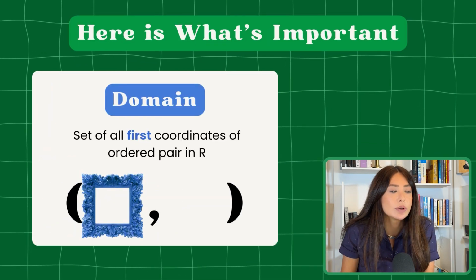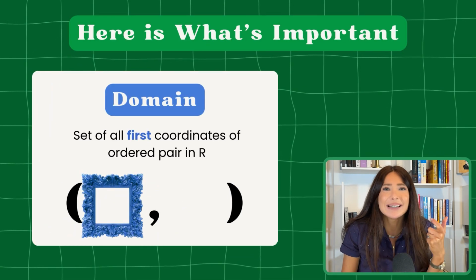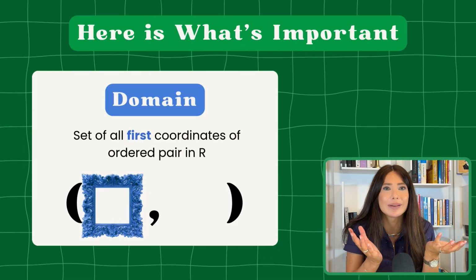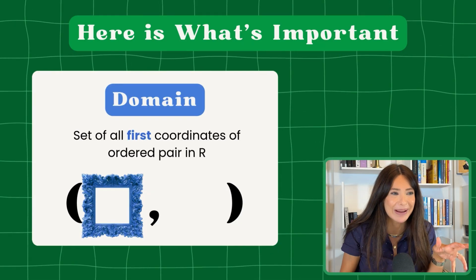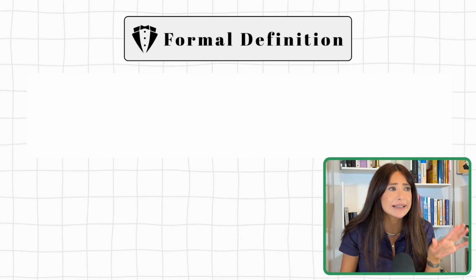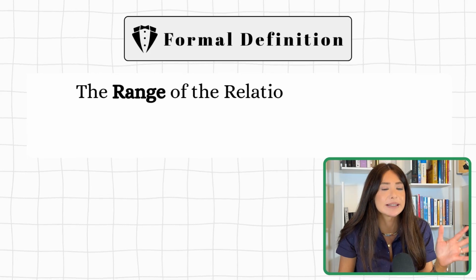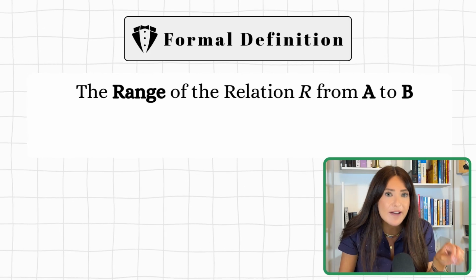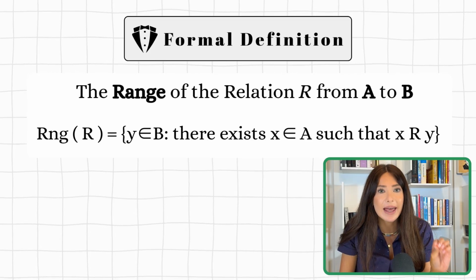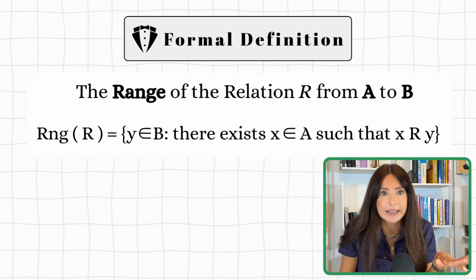Then range will be, another thing is that domain is nothing but a slot or a frame or a place where the domain elements go, okay? The first spot is for domain. Okay, now range, the definition is similar to domain. For every y in B, there exists x, at least one such x, such that x and y are related.